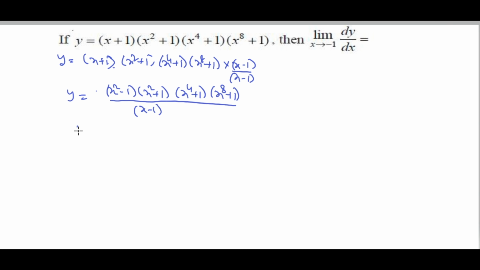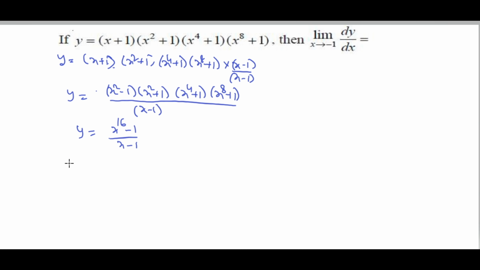So y is equal to, here is (x square minus 1)(x square plus 1), that value is x power 4 minus 1. x power 4 minus 1 into x power 4 plus 1, that is x power 8 minus 1. x power 8 minus 1 into x power 8 plus 1, that is equal to x power 16 minus 1 by x minus 1.